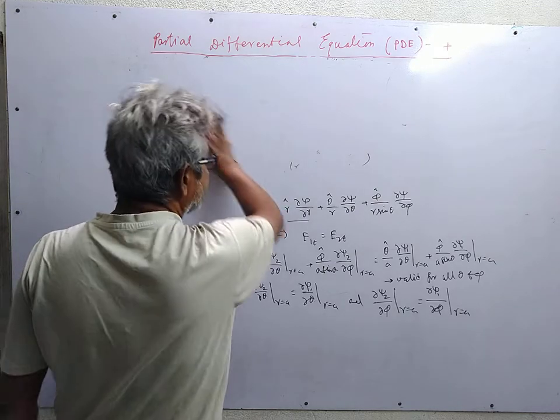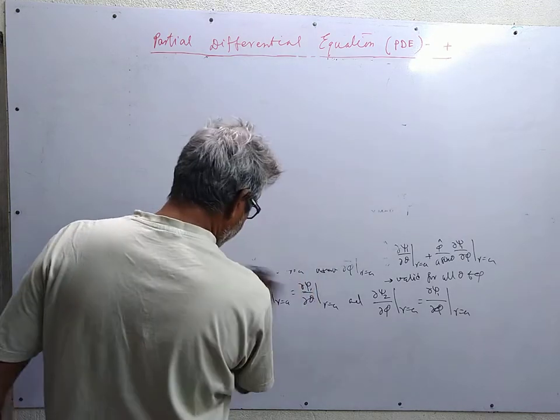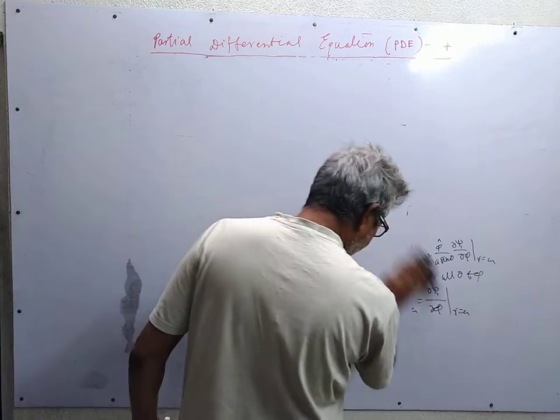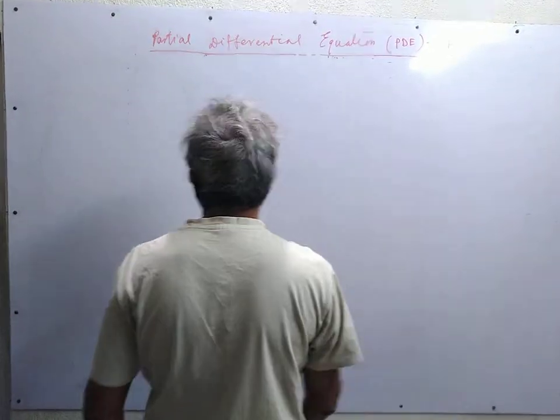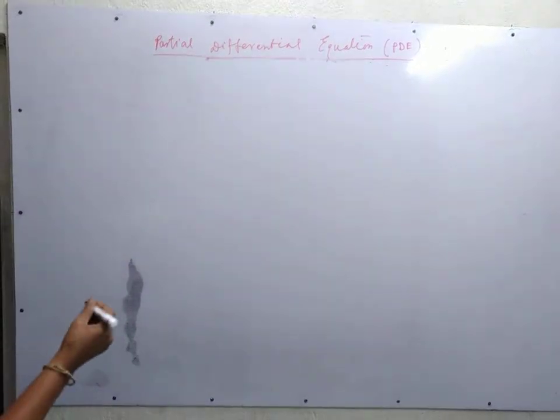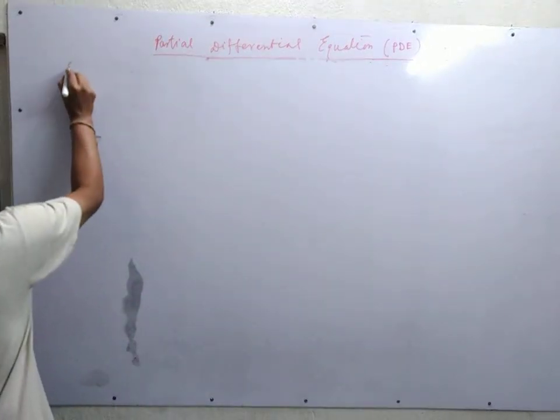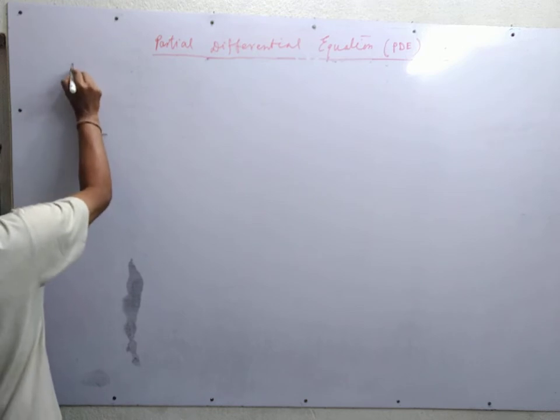As the first example of this, we consider a spherical conductor, azimuthally symmetric.